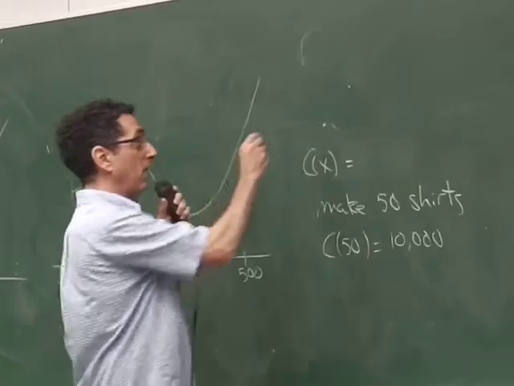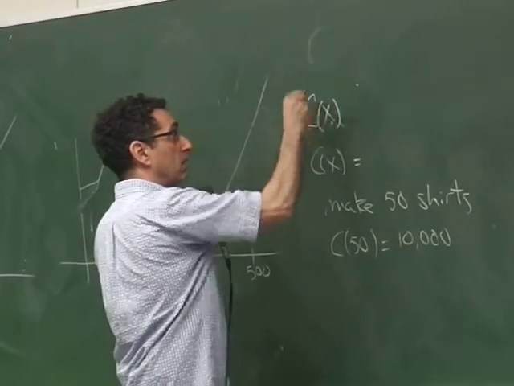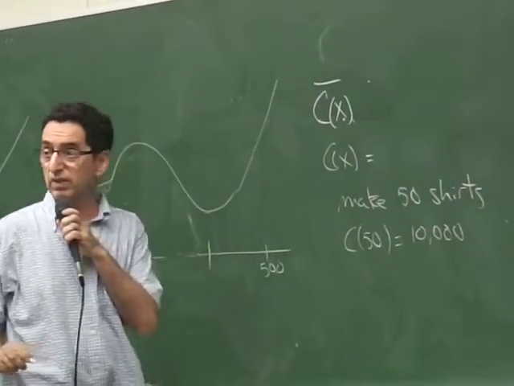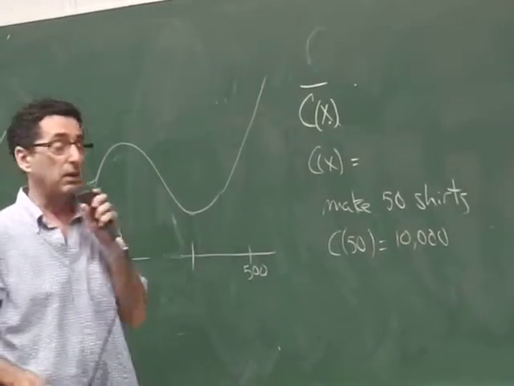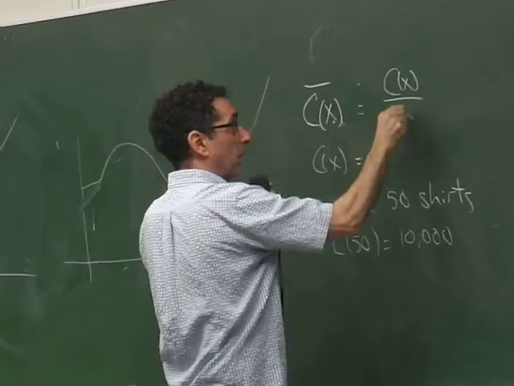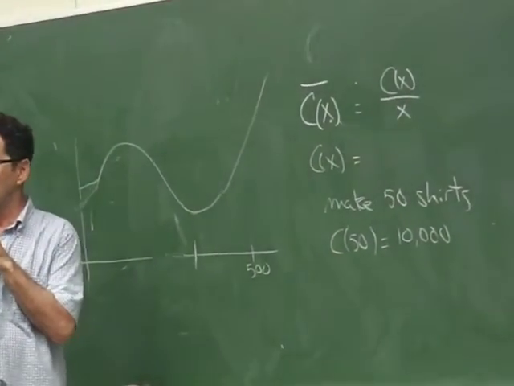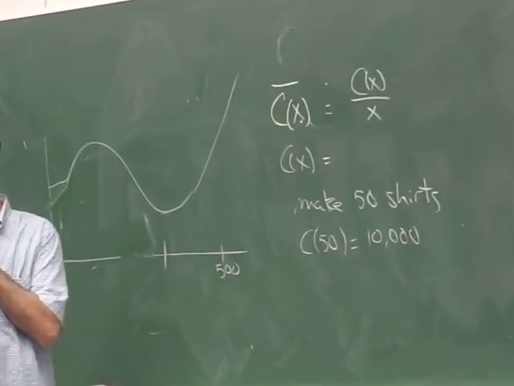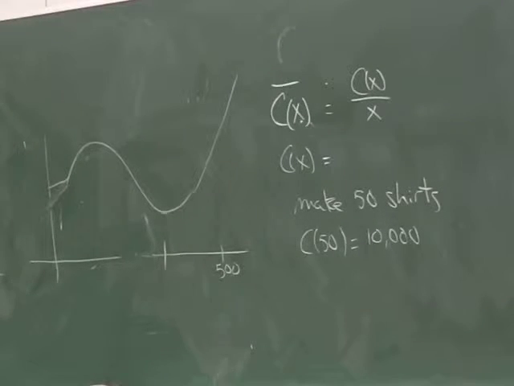So in other words, the average cost, and we use this notation for average cost, is the cost divided by x. And that's easy to calculate if you have this function.